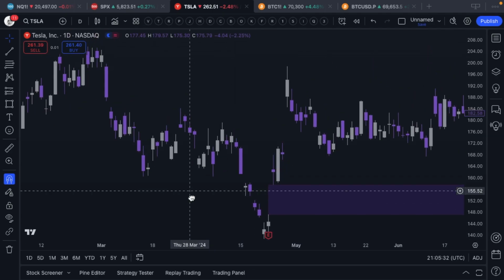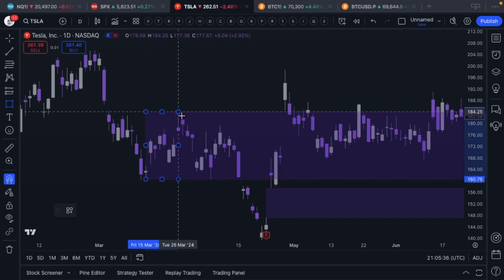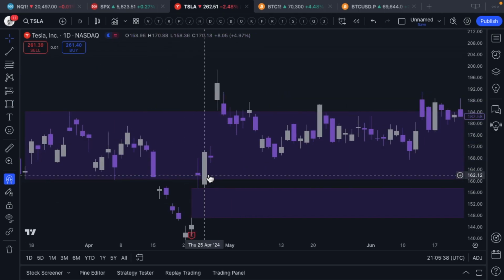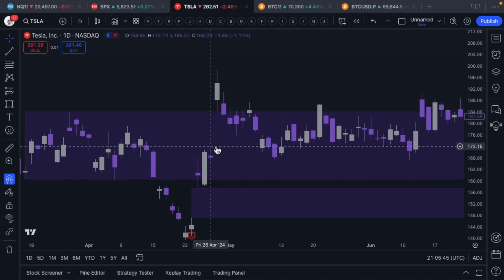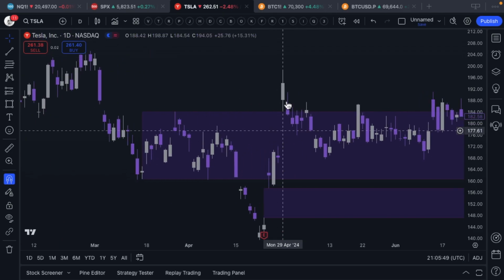And then we had this zone here of consolidation, okay, that we've now gapped and broken back into. And then you get this big gap here, which breaks out of this consolidation zone. So this is what you call a breakaway gap.